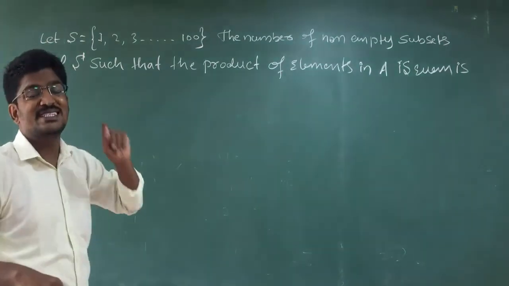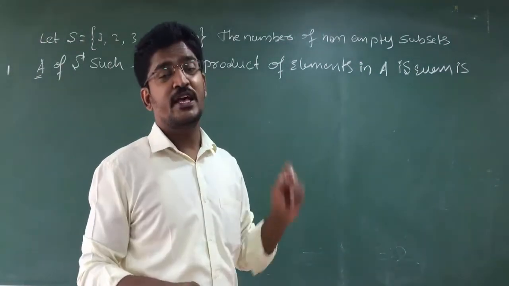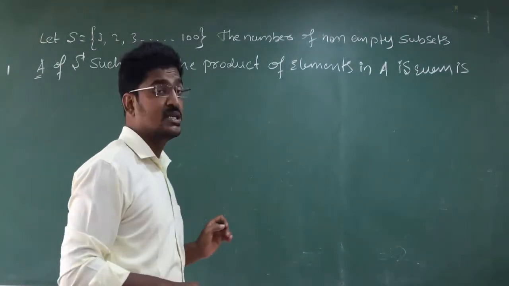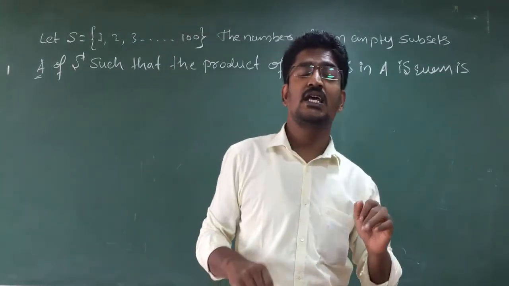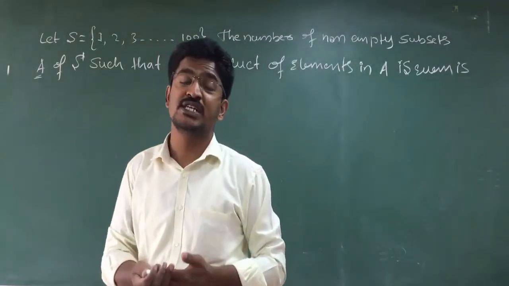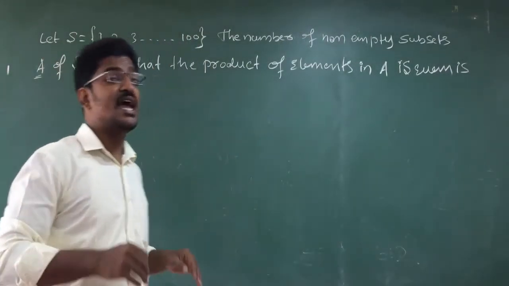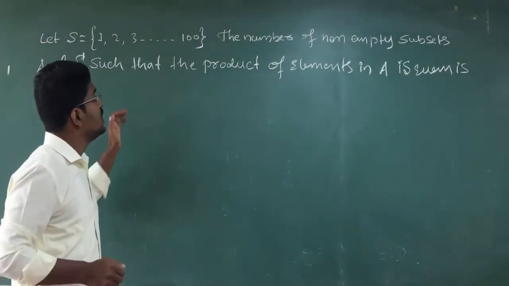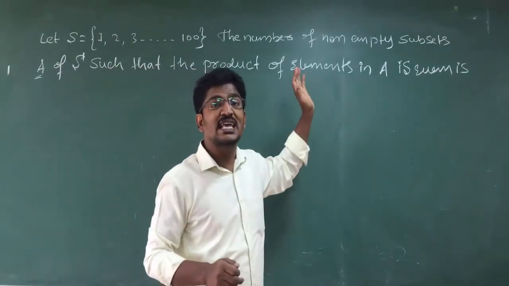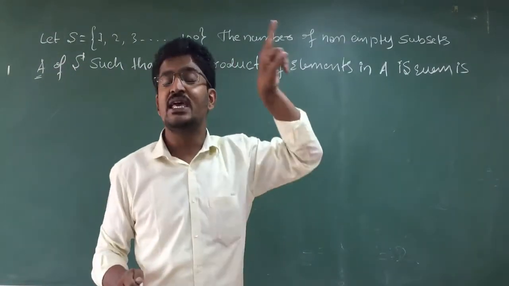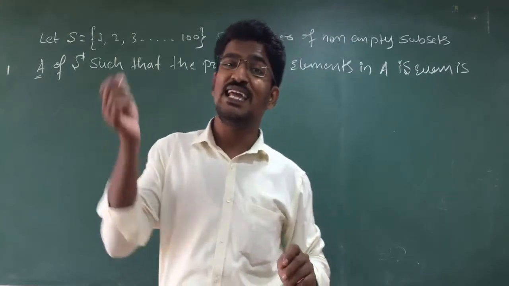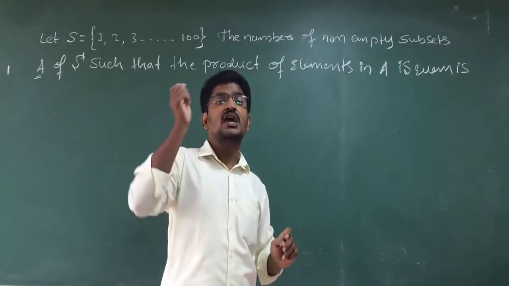S is the set of 100 elements. From that set, you have to collect non-empty subsets of that set, and you have to calculate the product of elements in A which is only even.